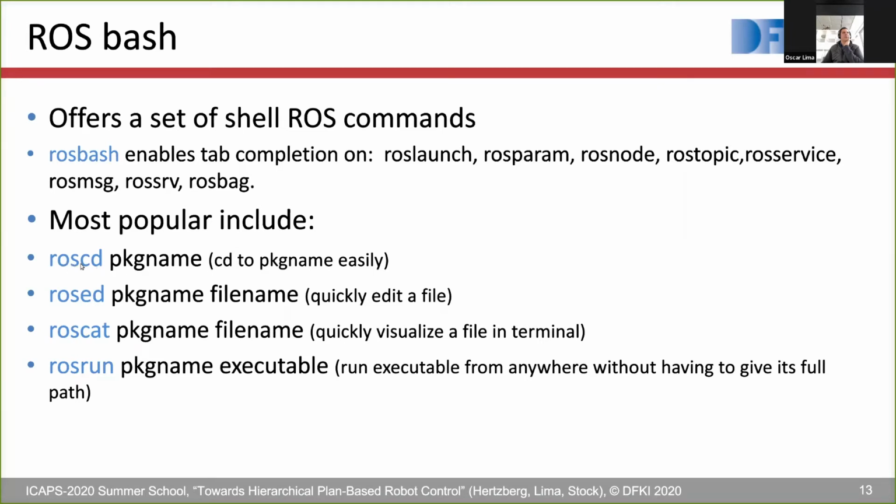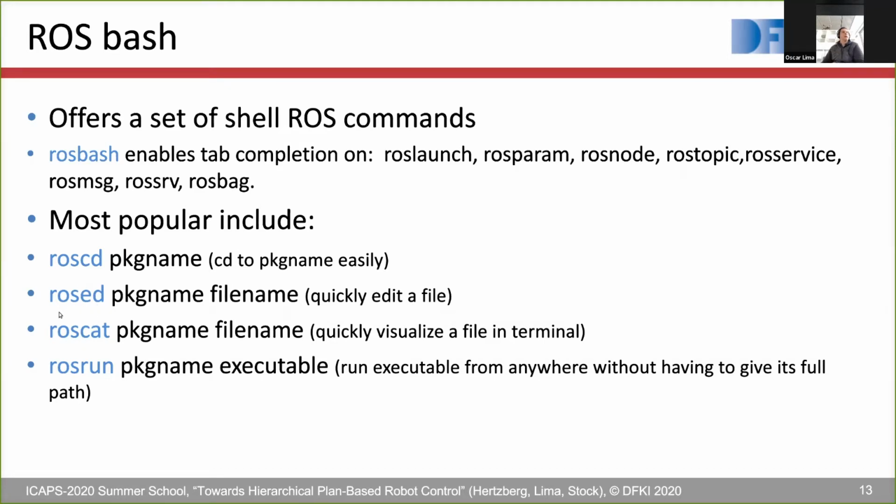You will do ROSCD from the command line, and you can start typing the name of your package, press tab, do the autocompletion, and then you don't need to type the full path of your ROS package. So from anywhere in your directory tree, you can do ROSCD package name, and it will take you directly there. These are tools that are very useful.